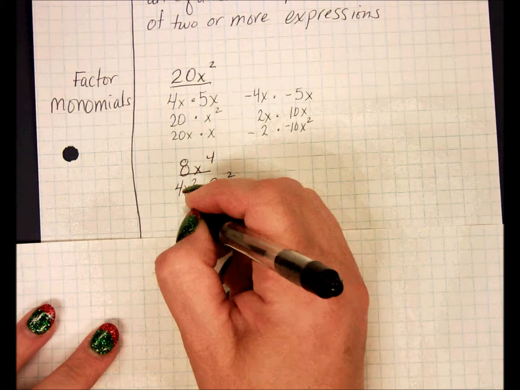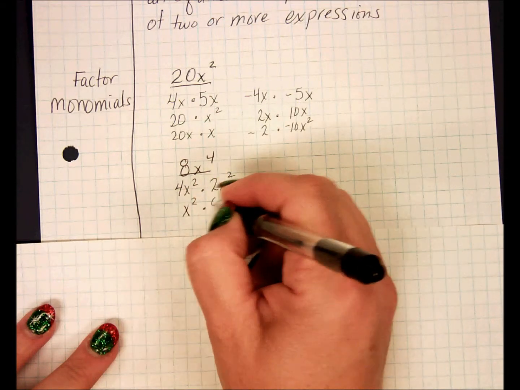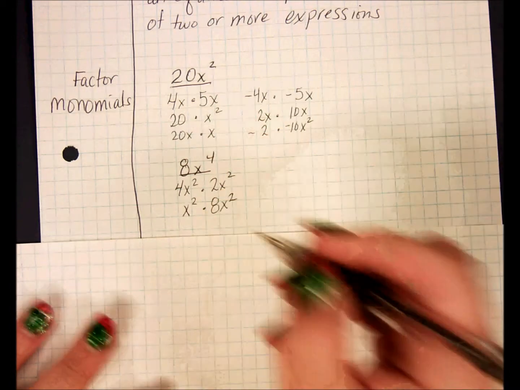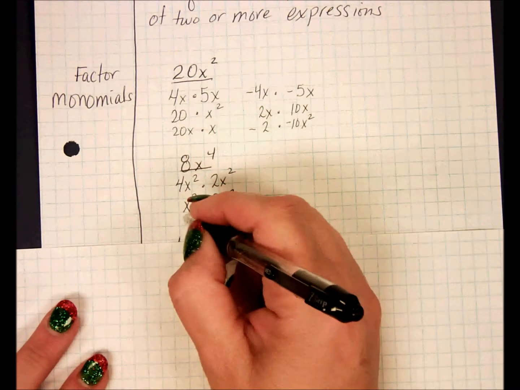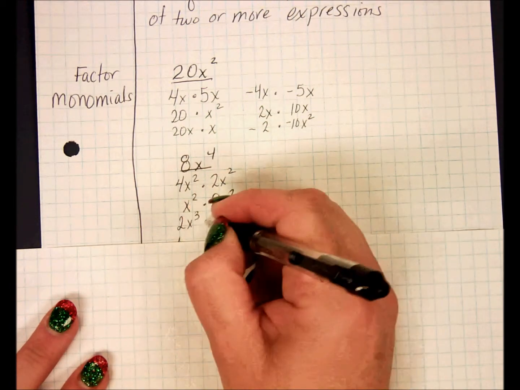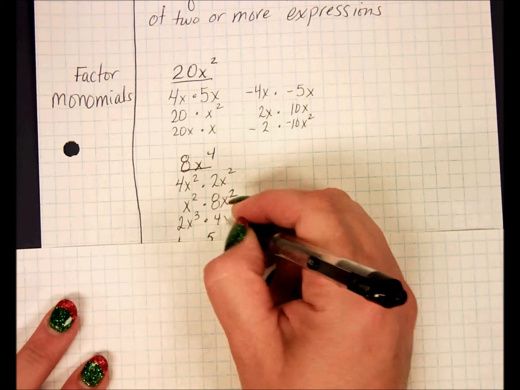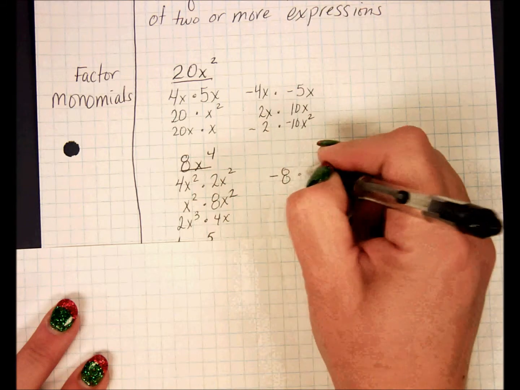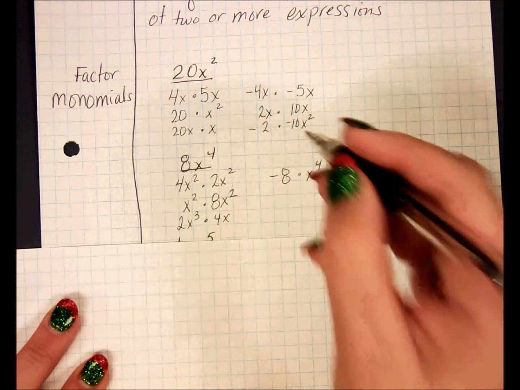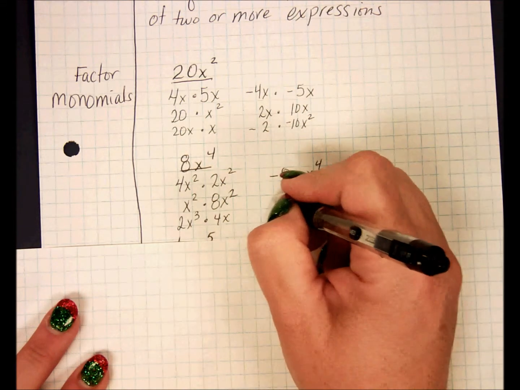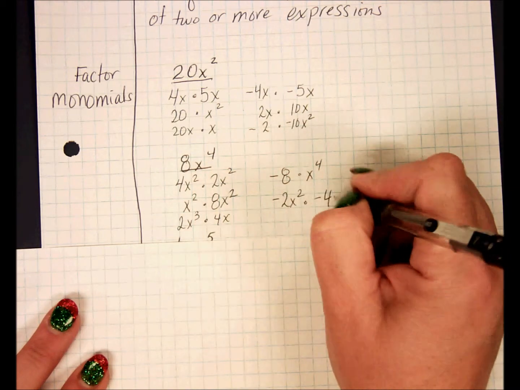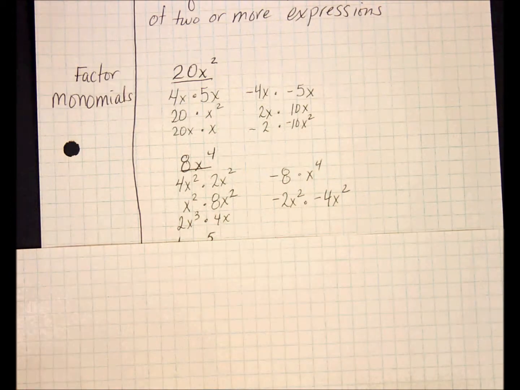It could be x squared times 8x squared. It might be 2x to the third times 4x. Could be negative 8 times x to the fourth. Could be negative 2x squared times negative 4x squared. So there's a lot of possibilities.